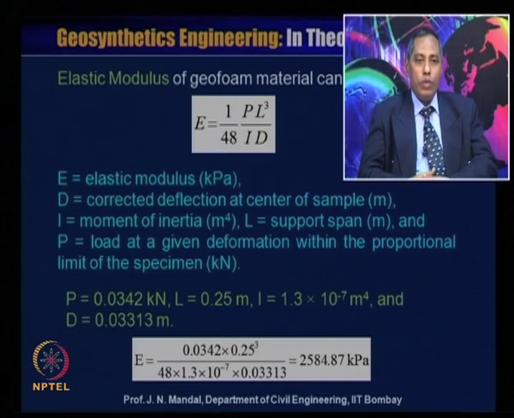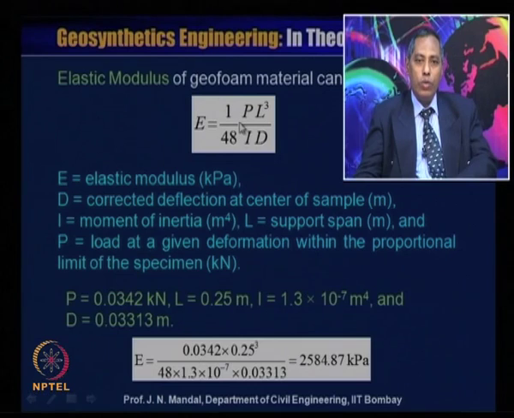Here P is equal to 0.0342 kilonewton, capital L is 0.25 meter, I is 1.3 into 10 to the power minus 7 meter to the power 4, and capital D is 0.03313 meter. Now, you substitute these values into this equation.